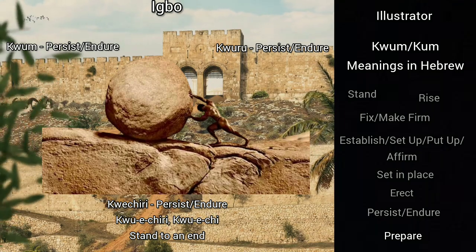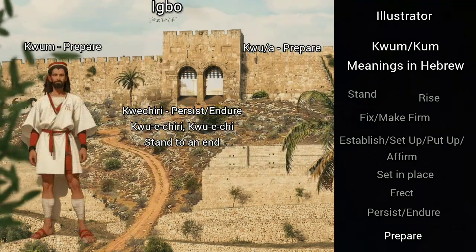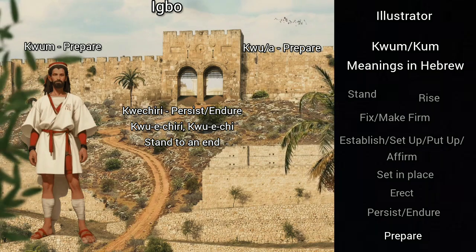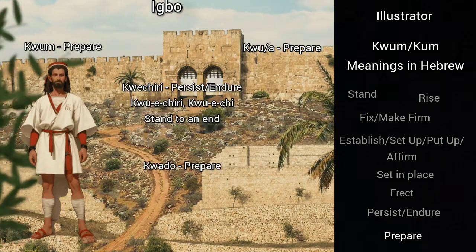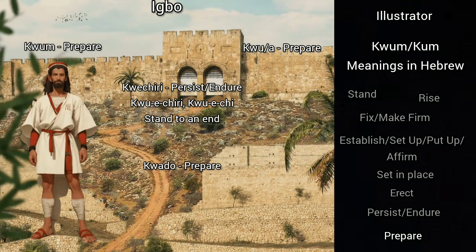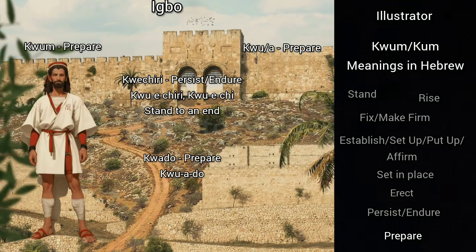The last meaning we are going to look at in the Hebrew language for kum is to prepare. When you come into the Igbo language, we also have a word for prepare that is still from this same root, kum. The word is kwado. Kwado means to prepare. At the root, the word is actually ado.